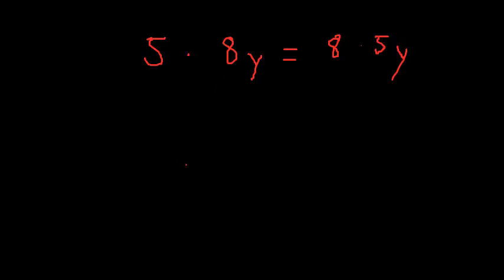Where if I have 5 times 8y equal to 5 times 8 in parentheses times y, this is the associative property, because here I am grouping 8y together, 8 and y being multiplied first, and then by the 5. Where here the 5 times 8 is being multiplied first and then by the y.